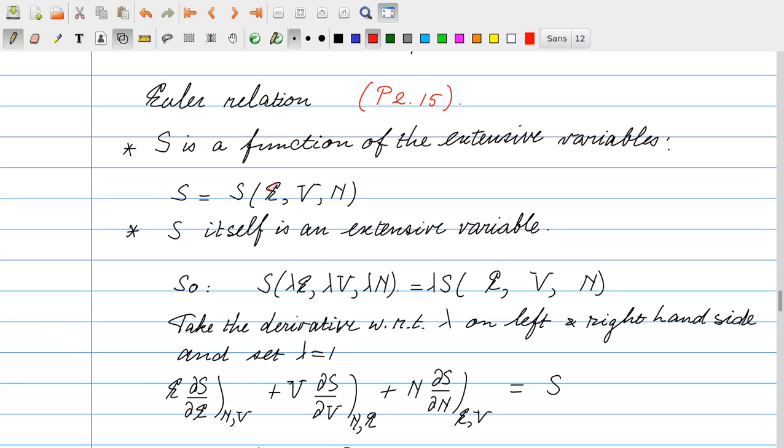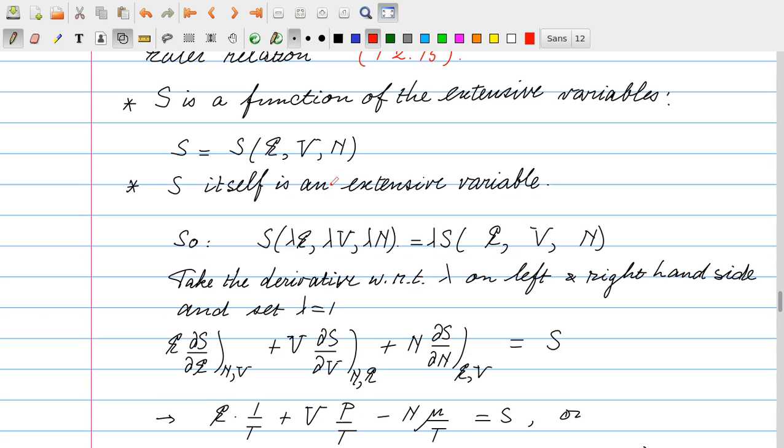So in the case of a monatomic gas, which is the standard example, S is a function of E, V and N, and E, V and N are all extensive variables. So that says that if we scale up the system by a scale factor lambda, or scale down if lambda is smaller than 1, then S of the larger system, so with lambda E, lambda V, lambda N, should be lambda times the S of the original system.